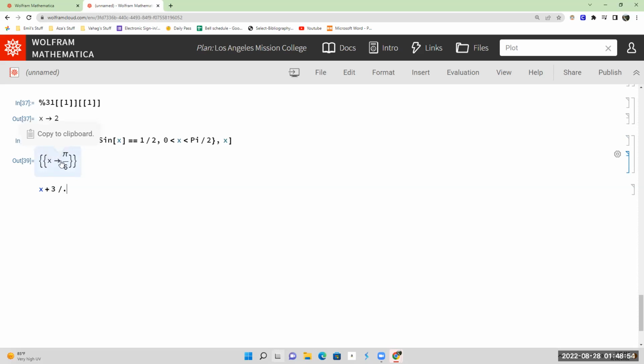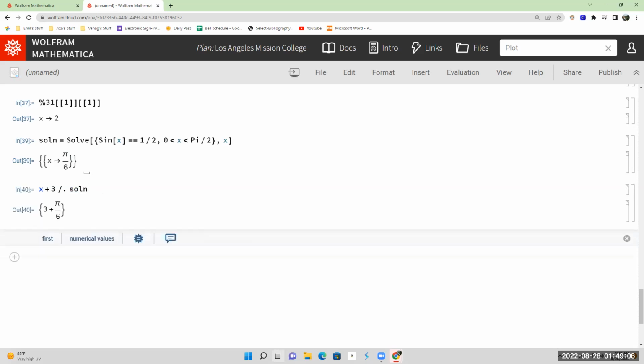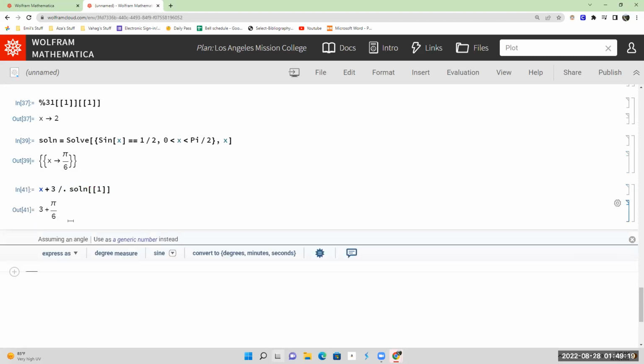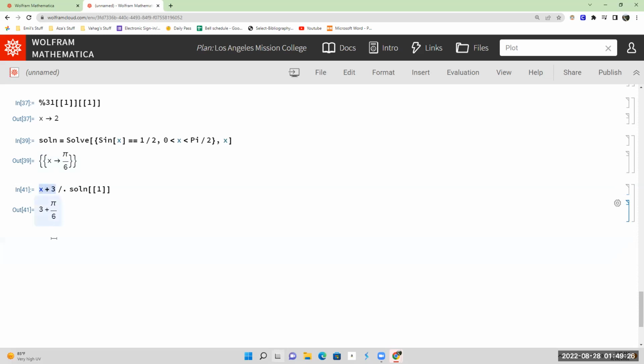It'll evaluate x at pi over 6. It'll plug it in, so I don't have to type x arrow pi over 6 because this already is that. All I have to do is say solution, and then it'll plug it in. Now, in order for me to not end up with this expression in curly braces, I could just do this, and now I have pi over 6 plugged into this expression.